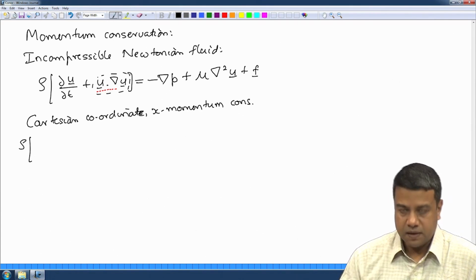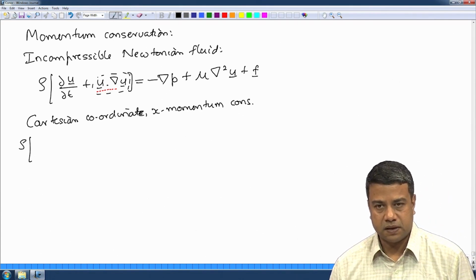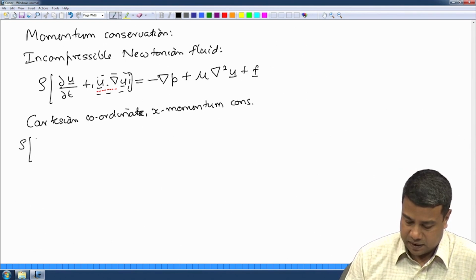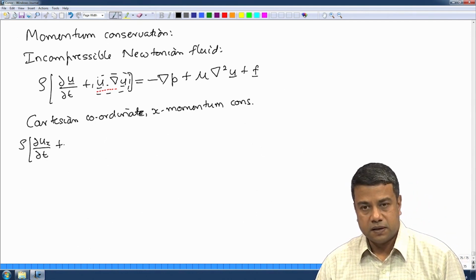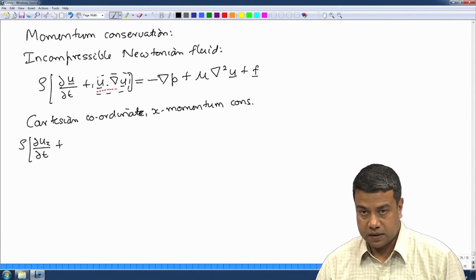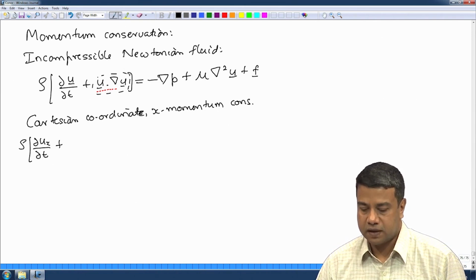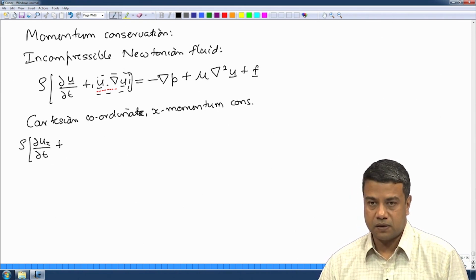The first term is partial u vector by partial t. The x component of that is going to be equal to partial ux by partial t. The second term, there is a dot product between the u vector and the gradient operator.